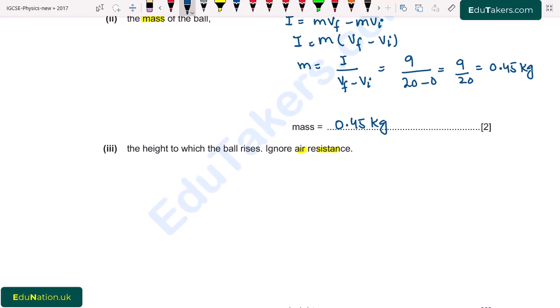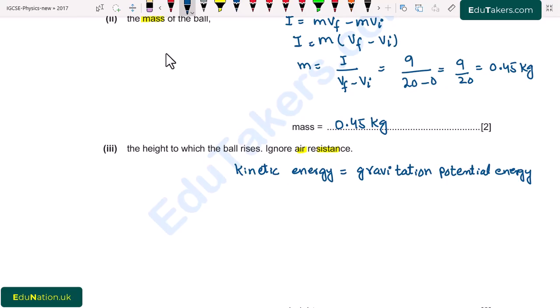So I write here kinetic energy will be gravitational potential energy because here we have ignored the air resistance.